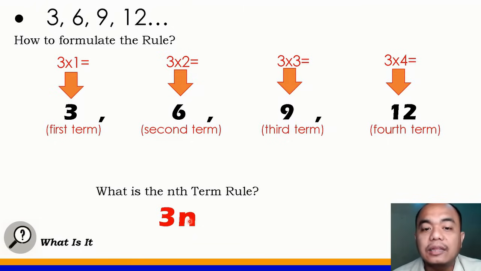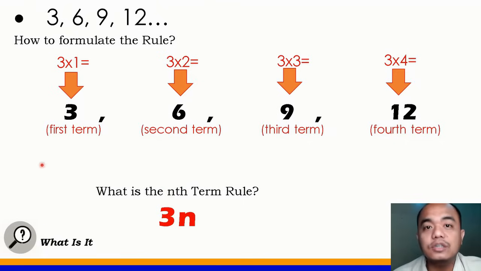Yes, papalitan natin ito ng 5. So, this is 5 times 3. So, what is the answer? Correct, 15. So, ang panglimang term dito sa sequence is 15. Okay? We will discuss more on this later. So, binigyan ko lang kayo ng idea paano gamitin yung tinatawag nating N-term rule.